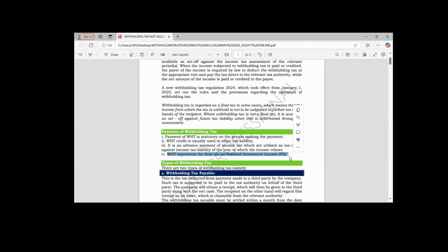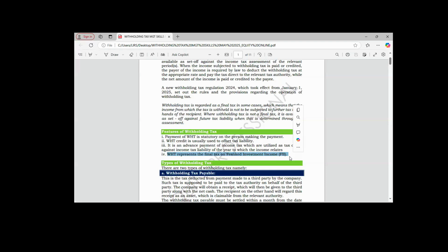That's the reason government decided that any tax you pay on that dividend is final, because you are not going to end up declaring that income again. So I hope that settles your question. That is why it is regarded as a franked investment income.